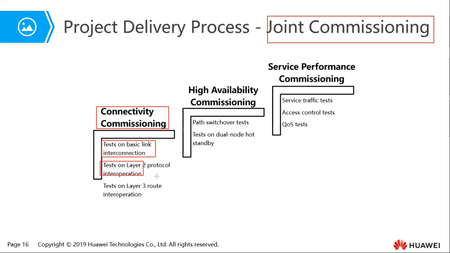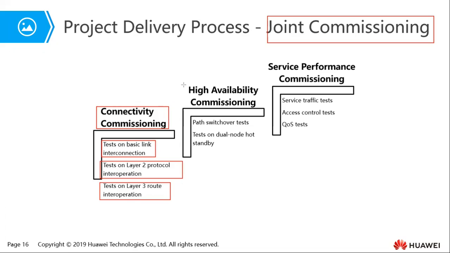We want to test at layer 2, is STP okay? And are we able to reach other devices on layer 2? And also we want to test whether layer 3 route interoperation is working. Is the service traffic that we've configured working based on the policies and so on and so forth?